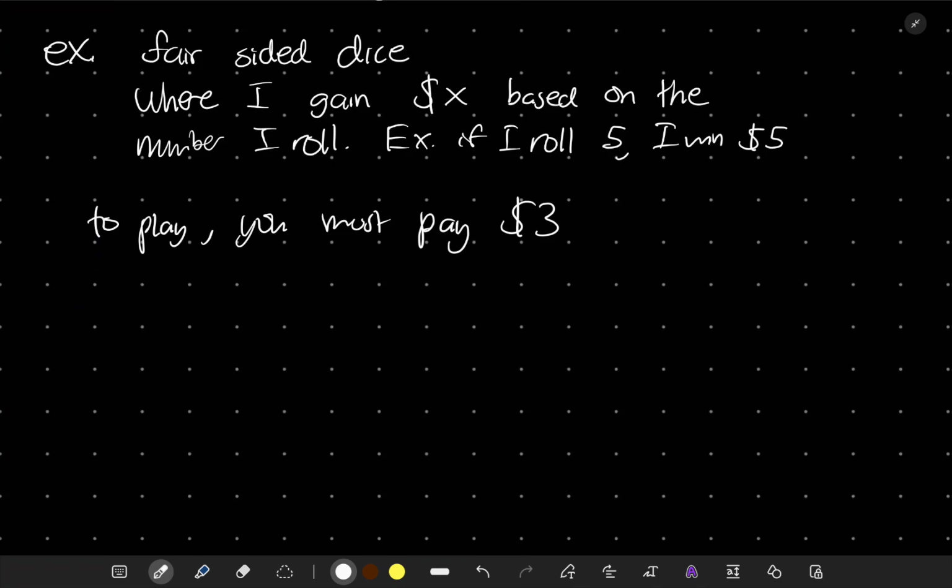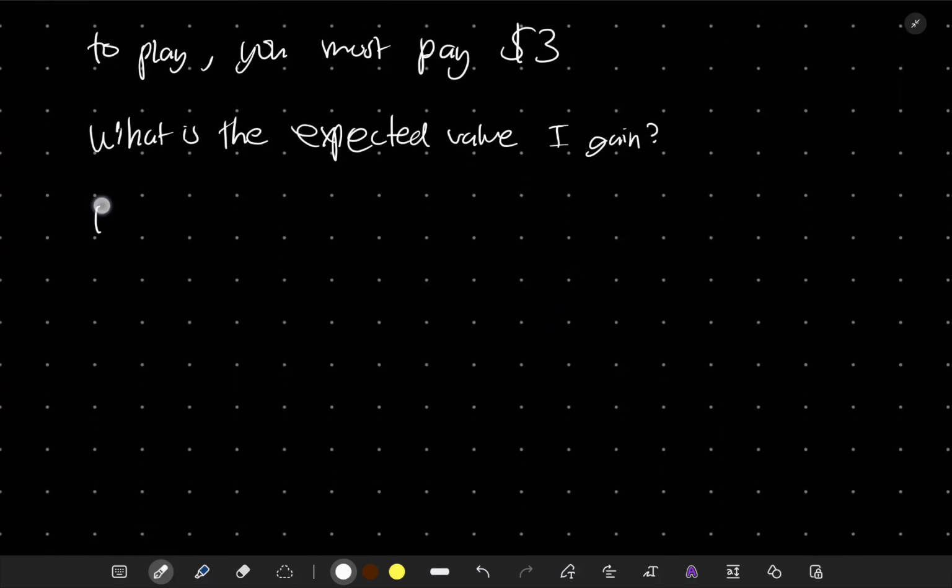So let's just figure this out, right? So what is the expected value? Again, let's write E[X] is equal to x1 times P(1), plus x2 times P(2), plus all the way to xn times P(n).